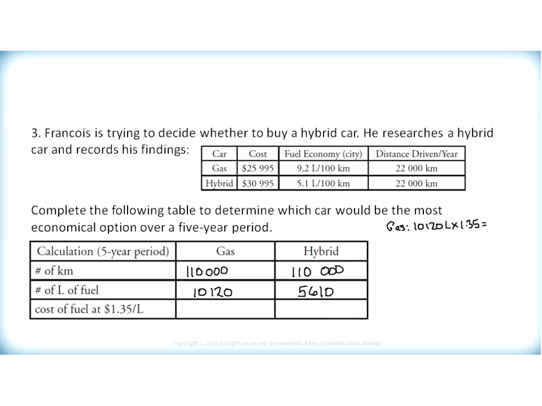Put that in my calculator. It gives me a value of, apologies, $13,662. It's how much we're going to spend on fuel for the gas-powered car over the 5-year period.